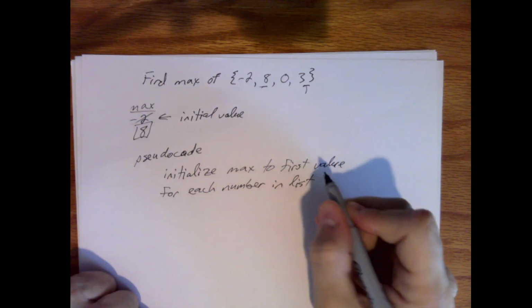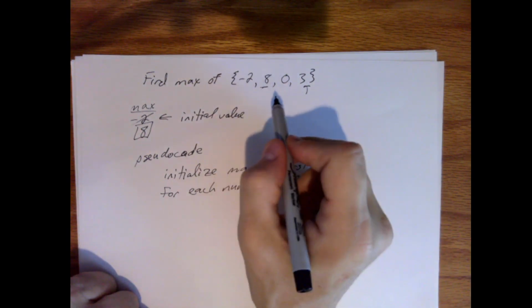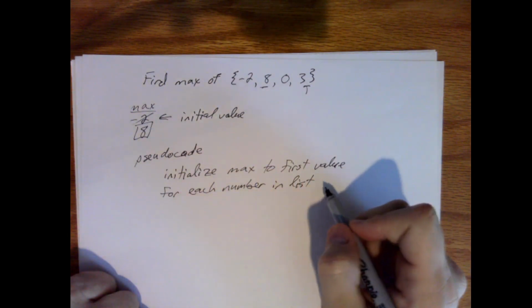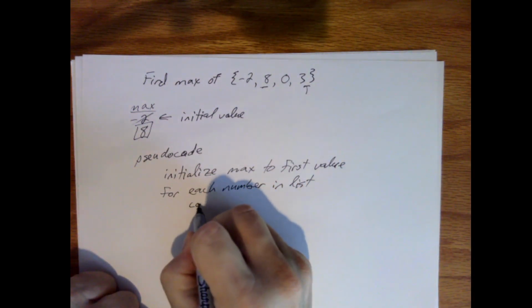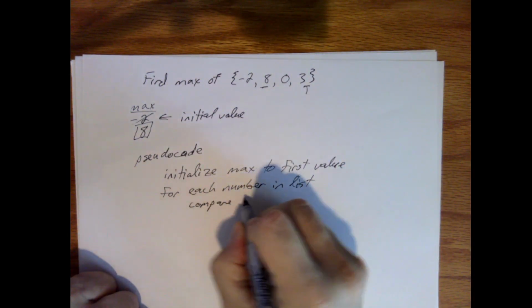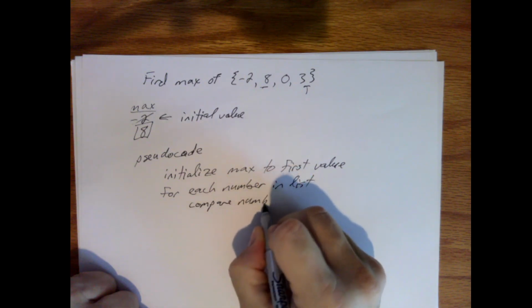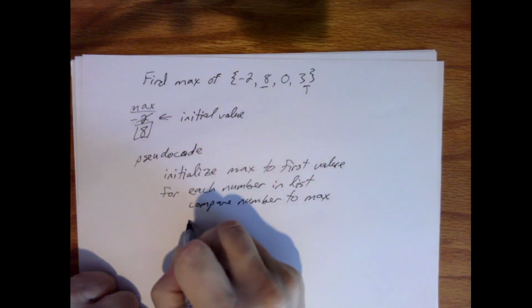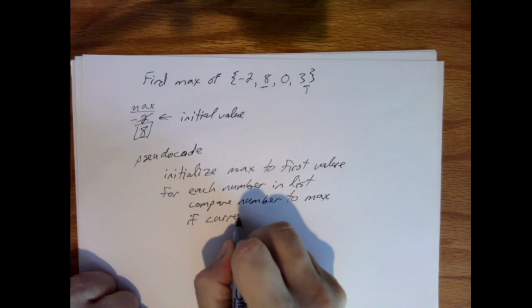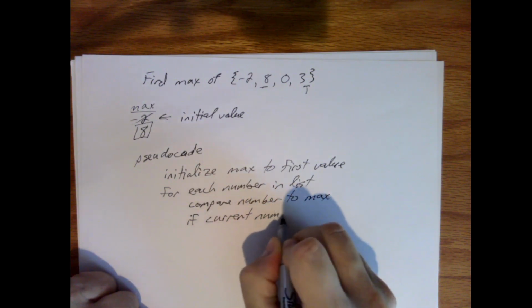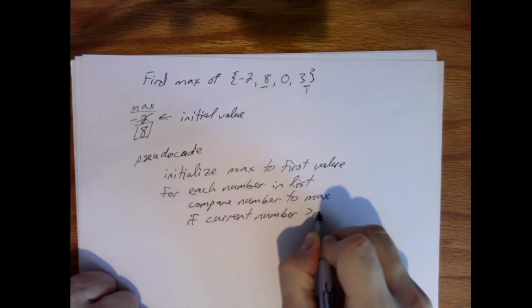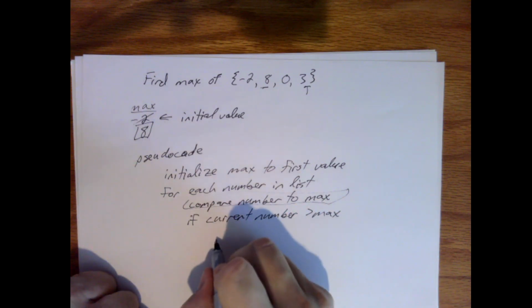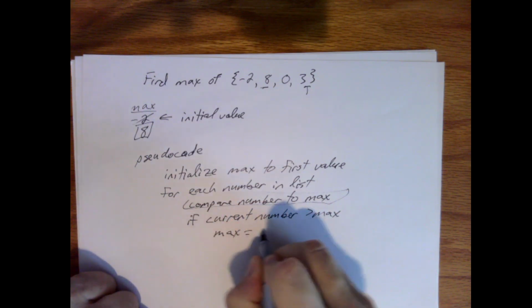The word list actually means something in Python, so this isn't technically a list as I've written it, and technically it's not even a set as I've written it, but for each number in list, compare number to max. If current number is greater than max, which you could argue is really what I'm doing here, then max now equals that current number.